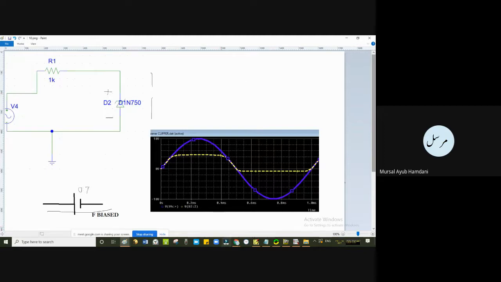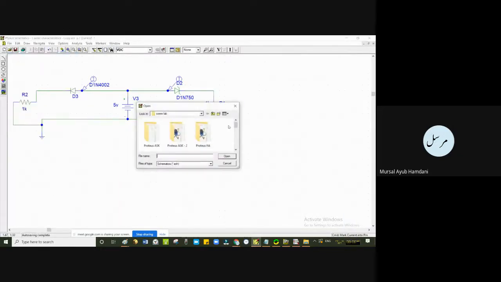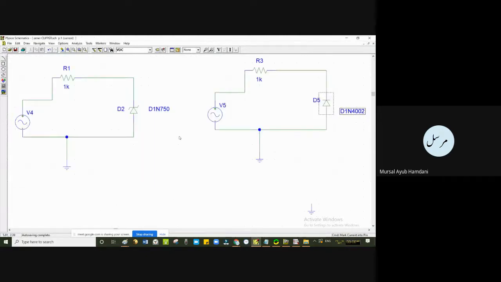So now let us do this thing also. File, open, Zener clipper.